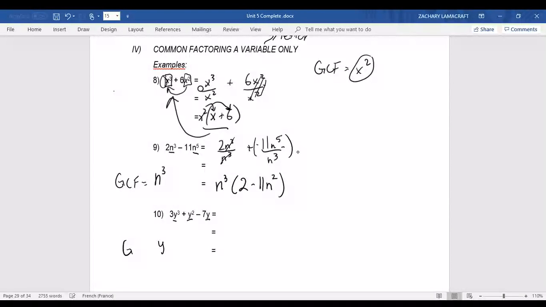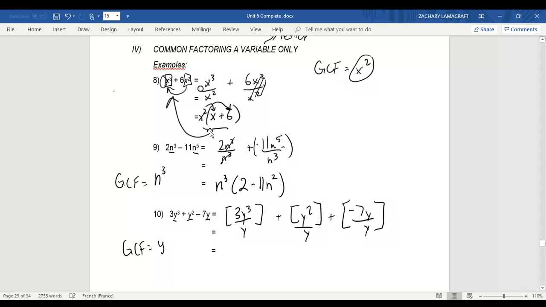So the greatest common factor would be y. And just like we did in those last terms, we're going to divide each one by y. So we just set it up like so. Okay, and we attack each one like we have been in the past.